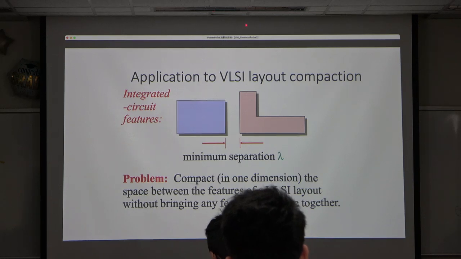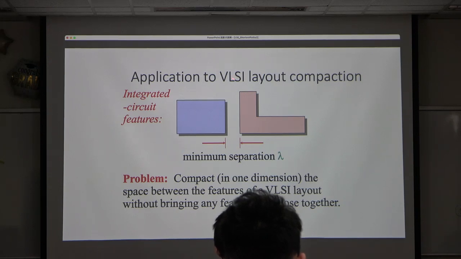In an integrated circuit, if you have some features, those features require minimum separation. We call that minimum separation lambda. Also we want everything to be compact, because we want to design the circuit as small as possible. Nowadays you want a very small circuit design.